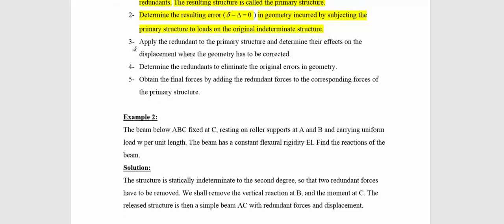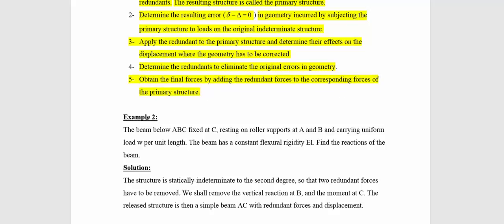Step number 3, apply the redundants to the primary structure and determine their effects on the displacements where the geometry has to be corrected. Determine the redundants to eliminate the original errors in the geometry. Last step, obtain the final forces by adding the redundant forces to the corresponding forces of the primary structure.